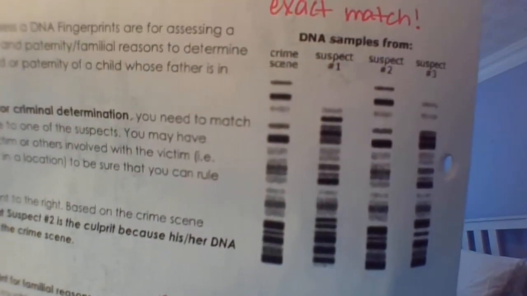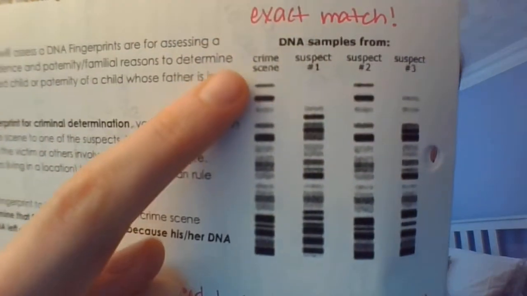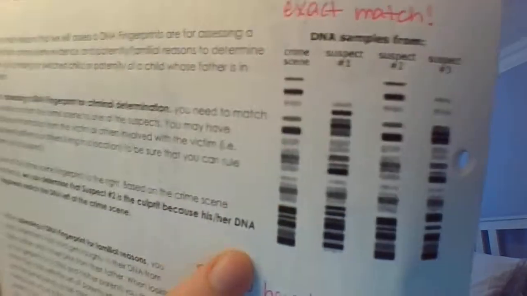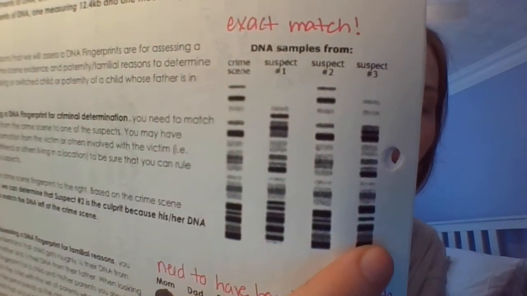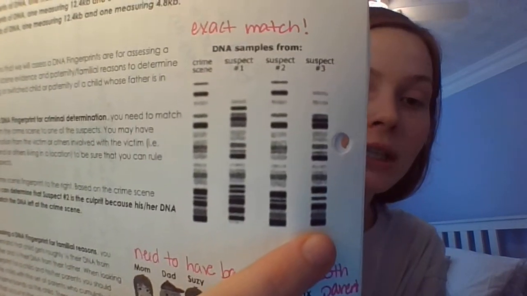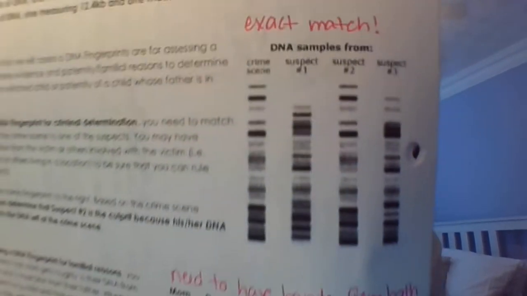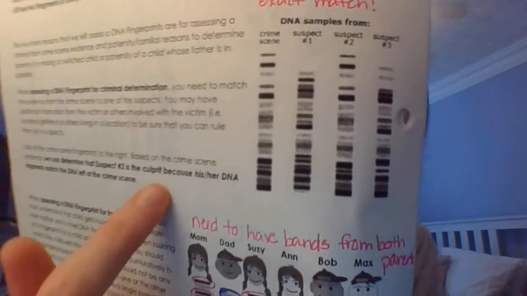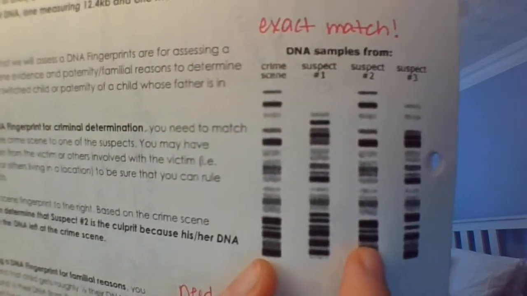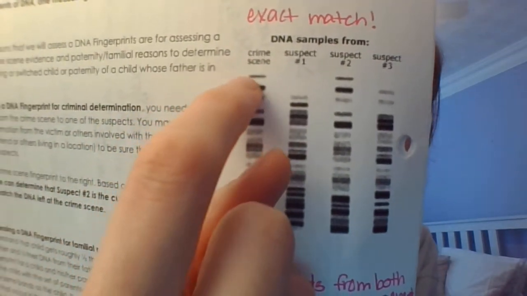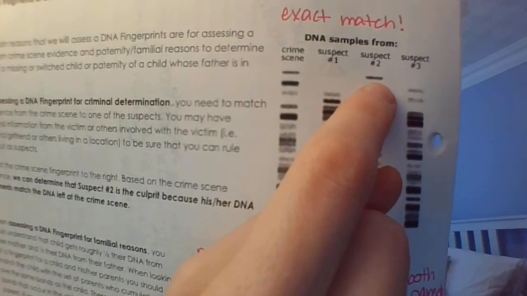So if we're looking at these, we have the crime scene, so whatever substance we found at the crime scene, suspect 1, suspect 2, and suspect 3. Again, if you are looking for who did it, whose blood is this, it's got to be an exact match. So that means that suspect 2 is the one who did it, because you see how there's a band right here, there's a band right here for suspect 2.